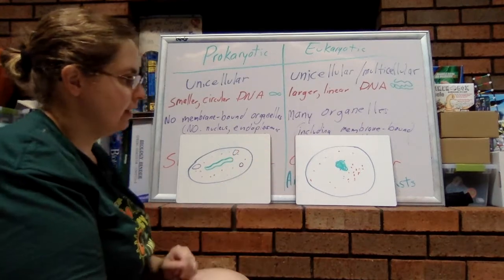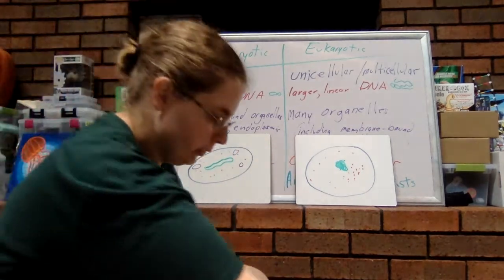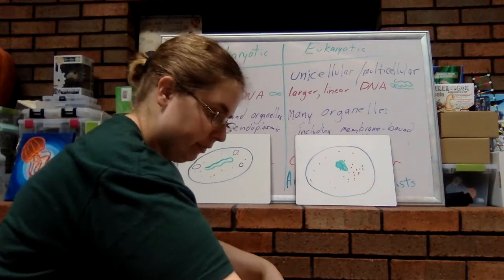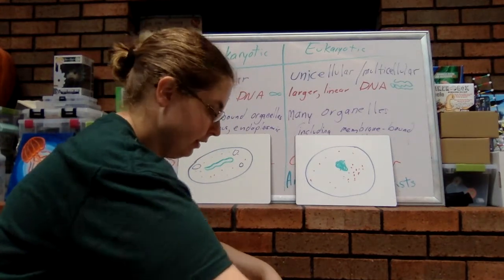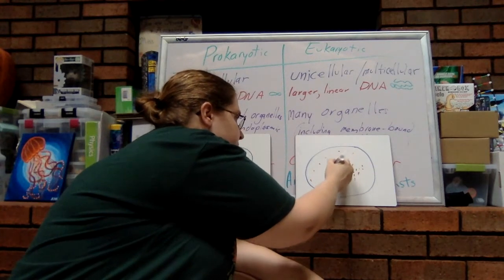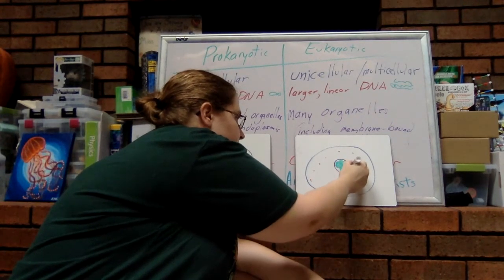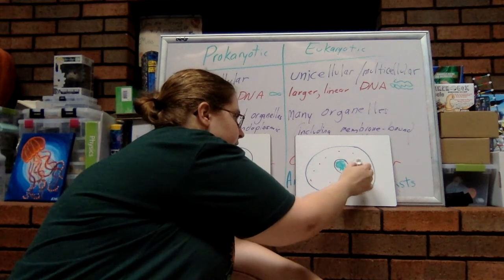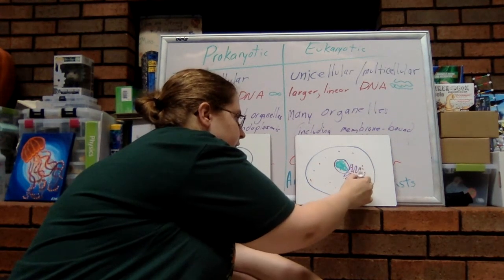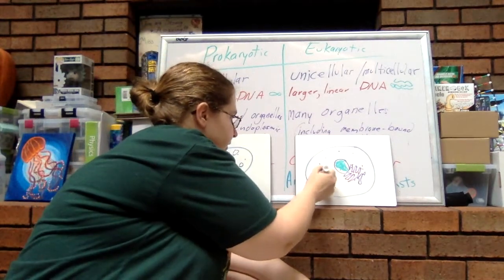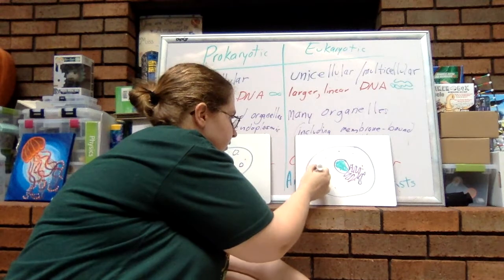Now, if you noticed, it's got a lot more to do here. So what I'm going to start doing is finding a color I haven't quite used yet. We'll just continue with this. So we have the nucleus, the rough ER, smooth ER. We're going to have a Golgi apparatus.